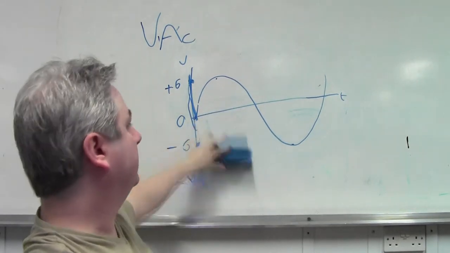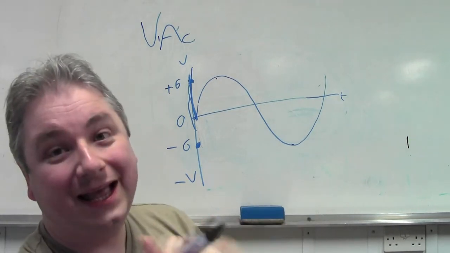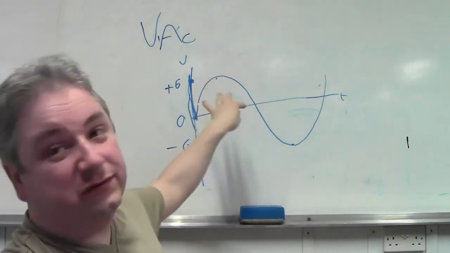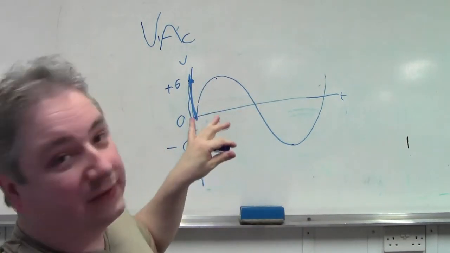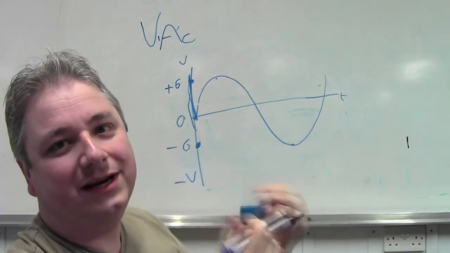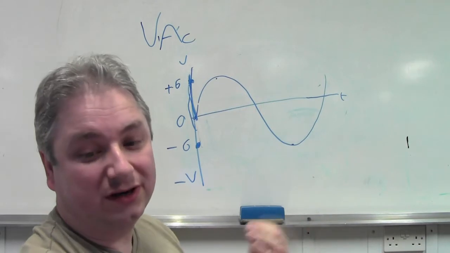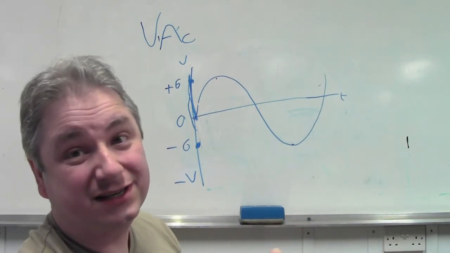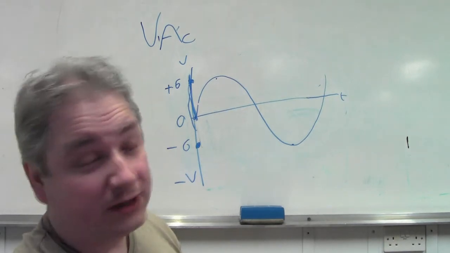The other one is RMS, which is a special case. That's if you want to try and compare AC to DC. RMS is a bit like the average of this waveform, and it's sort of like the amount of power that the AC generates compared to the DC equivalent. So if you're trying to work things out in terms of DC, because DC is a lot easier to work out since it's a constant value, we generally use RMS.